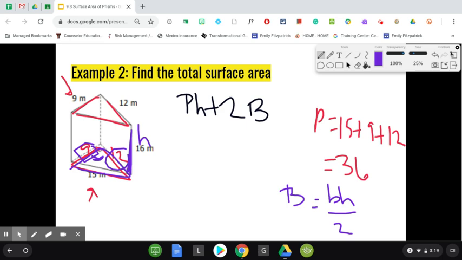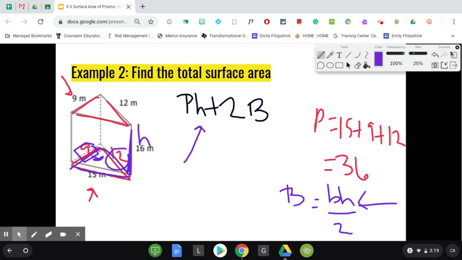One thing to keep in mind is that this H that I just drew the arrow to is different from that H. Okay, the H in the original formula, that's the height of the prism. The H over here in the corner, that's the height of our base. Okay, so they're not the same.